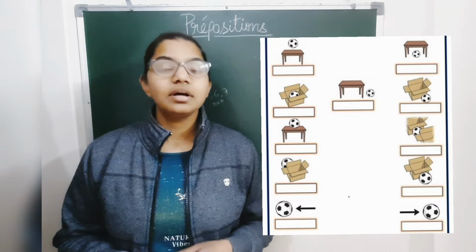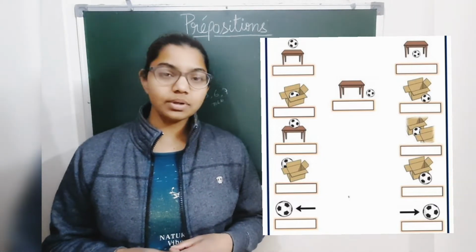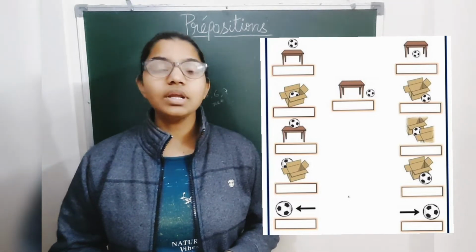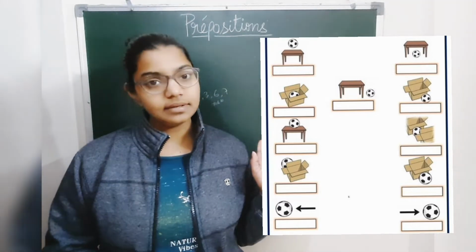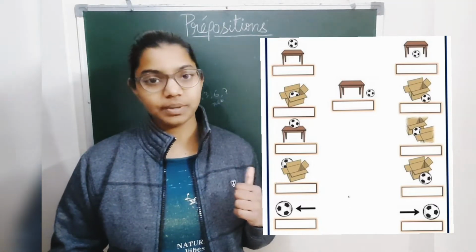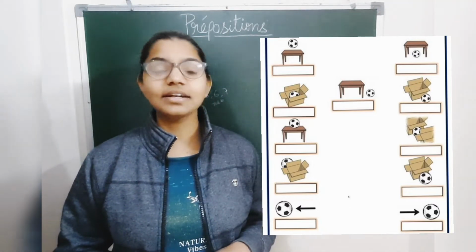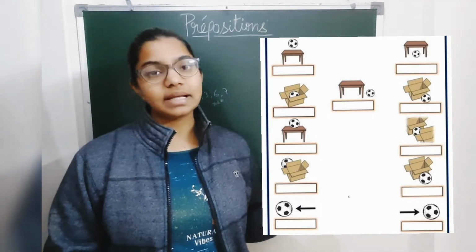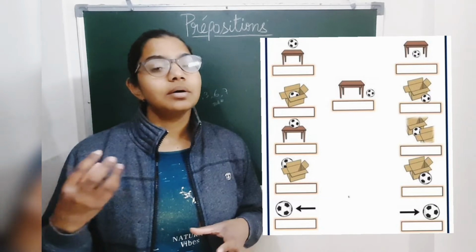In number 3, la balle est sur la table. In number 4, la balle est derrière la boîte. Derrière means behind the box. Number 5, the situation tells us the ball would be moved to the left.